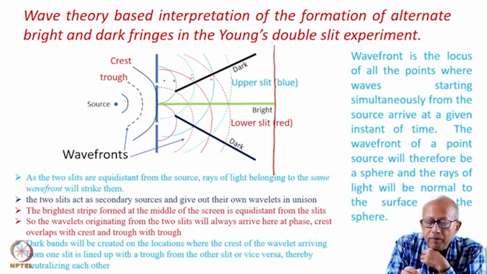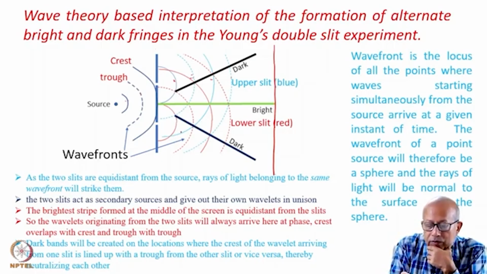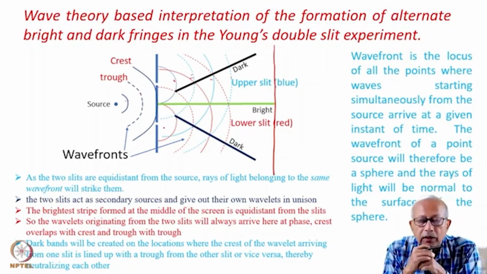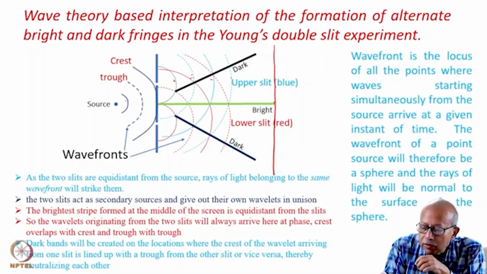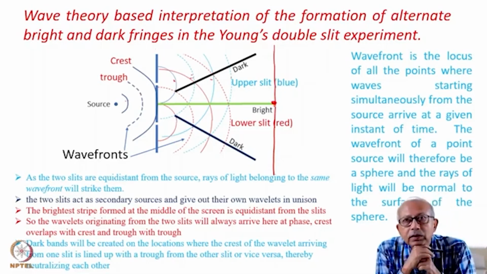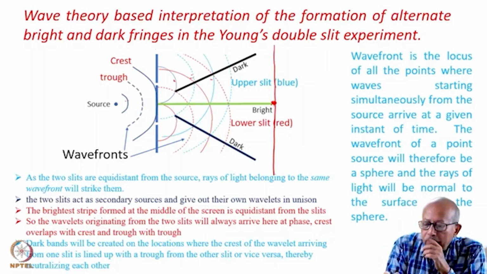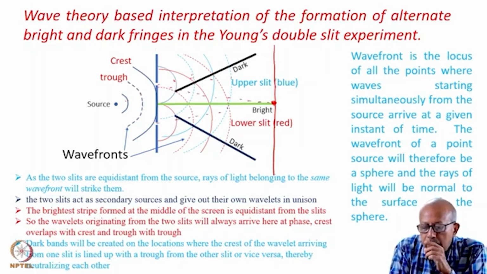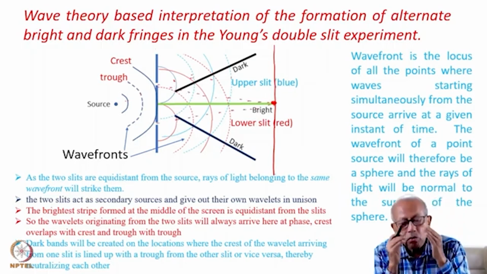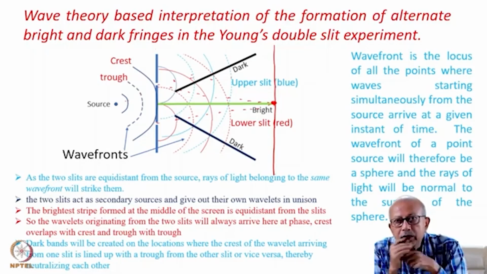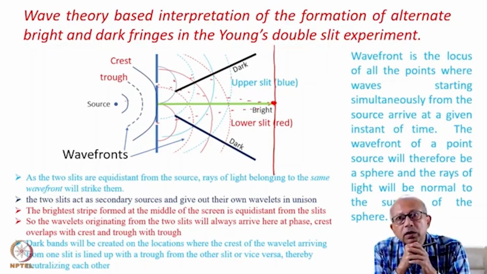Blue color means these wavelets originated from the upper slit, and the red wavelets originated from the lower slit. Now we know that at this point on the viewing screen there is a bright region. See, this is equidistant from the two slits, so the two waves which reach this point will always be in phase.